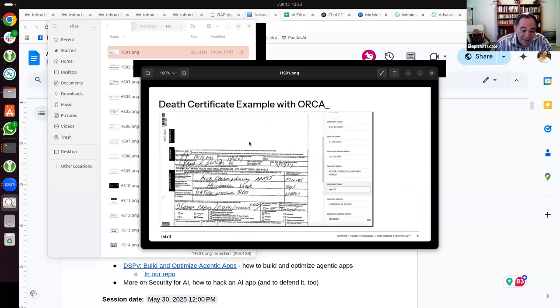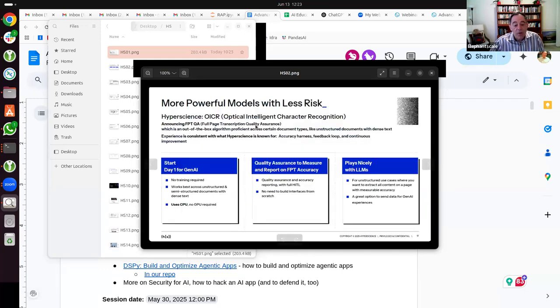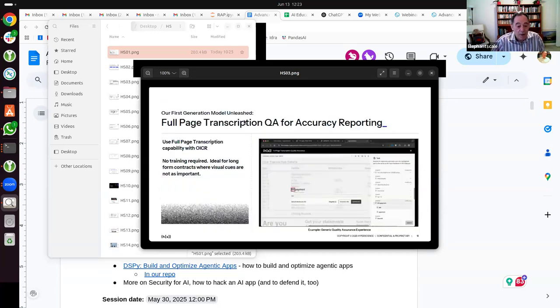Now, that still gives you a problem. In the end, you will also need special image processing, but that's later on. Okay, more powerful models with less risk, it's all marketing, but we are going to build a better document processing technique. What they also point out is that it is usually not 100% perfect. So you will need a display like that.